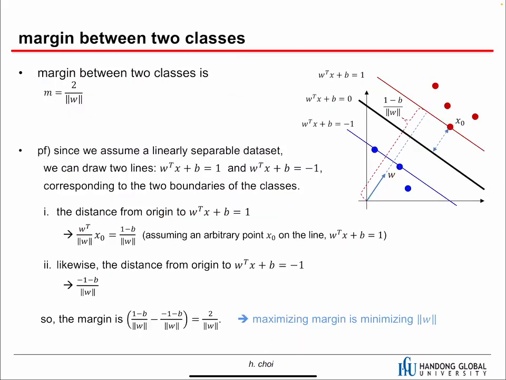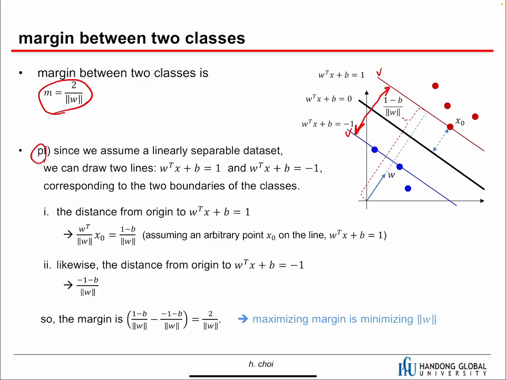Now let's calculate the margin between two classes. Okay, so we have one line and another line. So now the margin between the two classes is this one. And that margin is 2 over the norm of w. That's the margin. And then let's prove it.